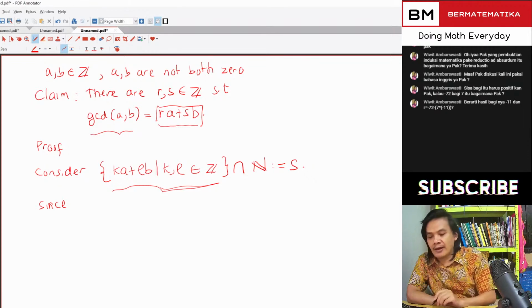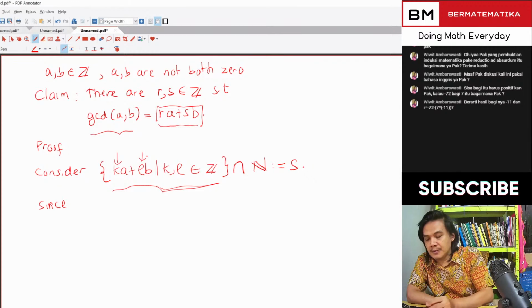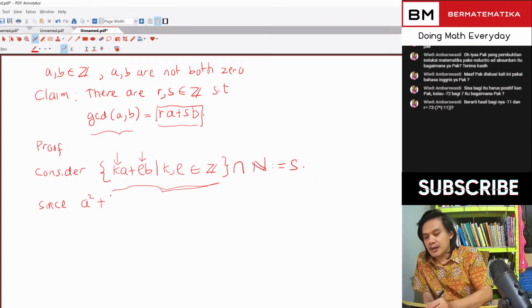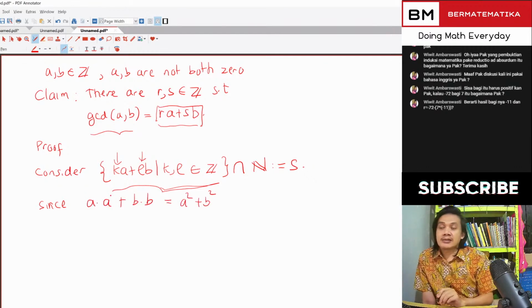Okay. Now if we take the K to be A itself and the L to be B, I need to write this in the form of A times A plus B times B. This is A squared plus B squared. Since not both of them are equal to 0, then at least A or B is non-zero.